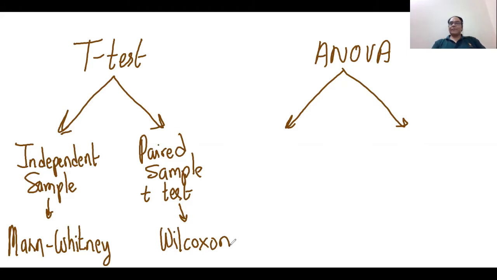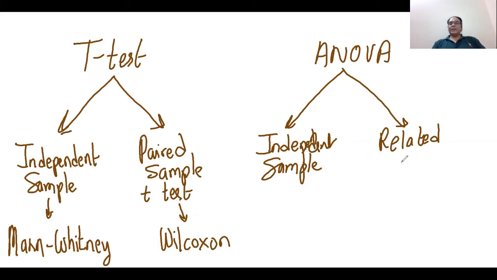Similarly, in ANOVA, we are having two possibilities: independent samples, like we discussed, if you want to compare the pollution of 3 cities, 4 cities on different days, all the cities are independent. And sometimes we are also having the case of related samples. Related samples means when your samples are same and you are collecting different feedback from the same group.